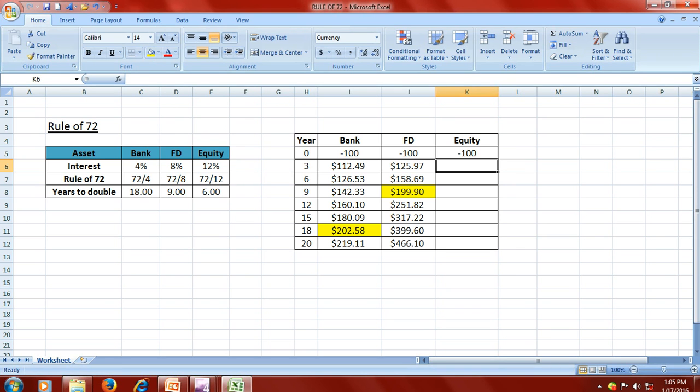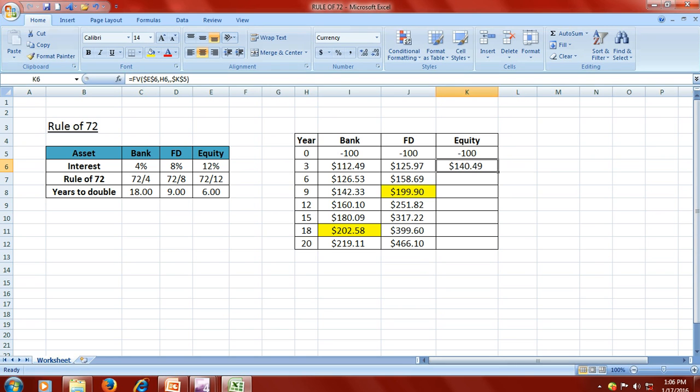Let us write the same for equity. Equals FV, rate at 12%, constant. Press F4. NPER is 3 years. There is no PMT. Again the investment value is rupees 100, which is a constant value throughout the formulas. Close the parenthesis, press enter.